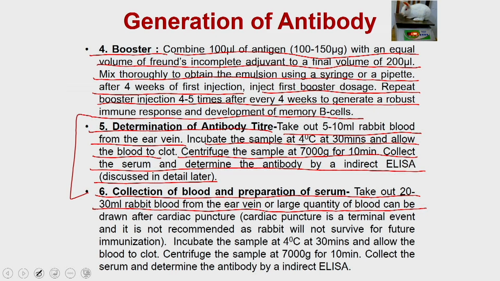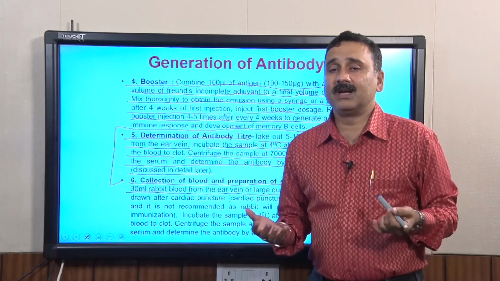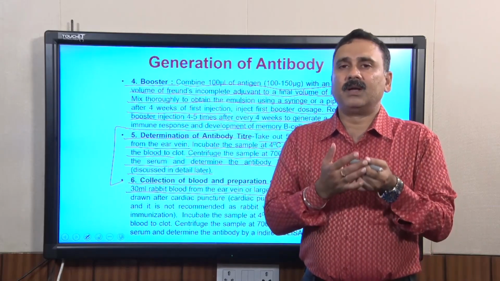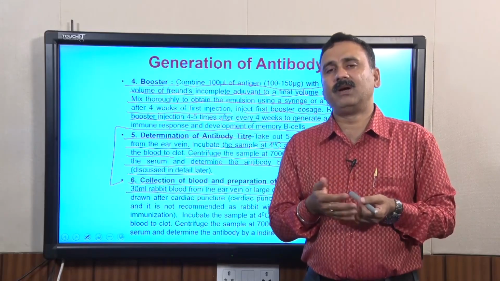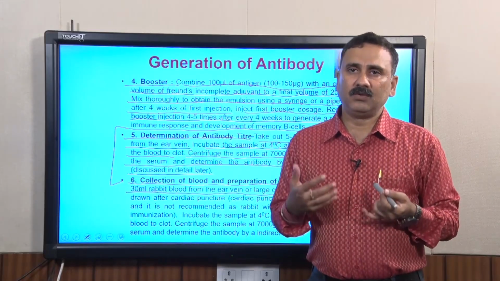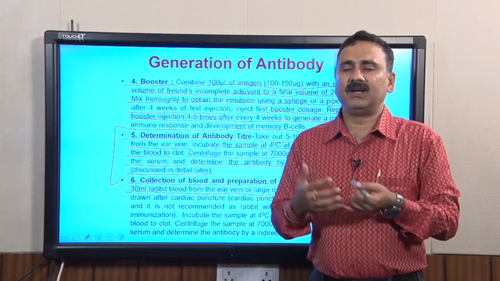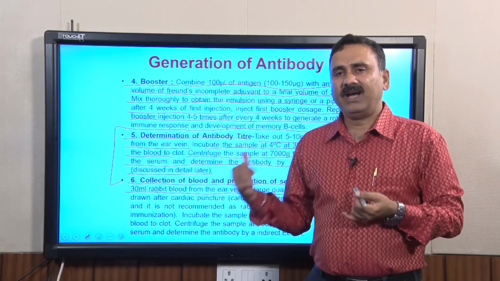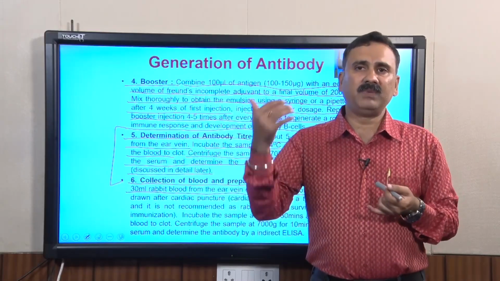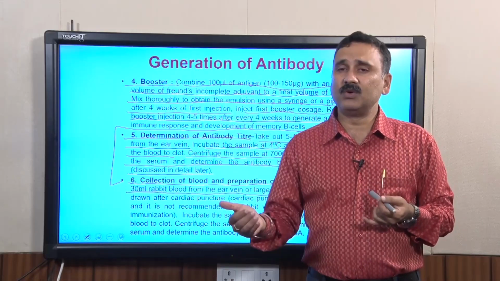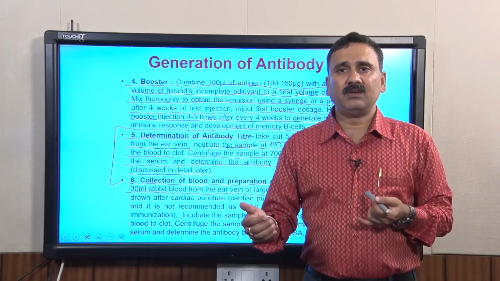If you require a very large quantity of blood, you can also collect the blood by cardiac puncture, but in those cases it will be a terminal procedure. If you do a cardiac puncture, which means you are going to puncture the heart and take out the blood, the animal may not survive afterwards, and it may not be available for another round of booster doses and antibody production.